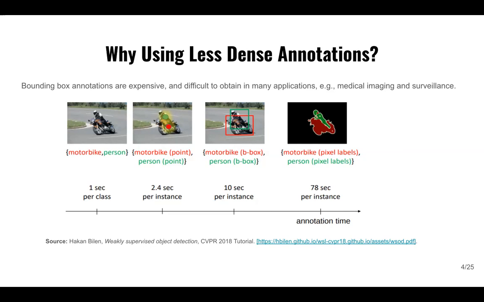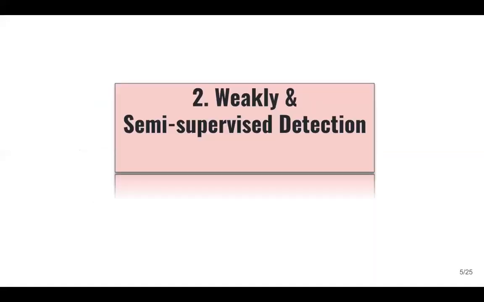So in general, the community is interested in how you can make detectors with less dense annotations. This is the fundamental motivation of these weakly and semi-supervised methods. And now we'll see what the settings are.